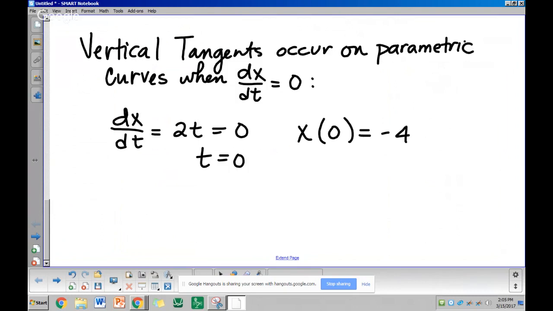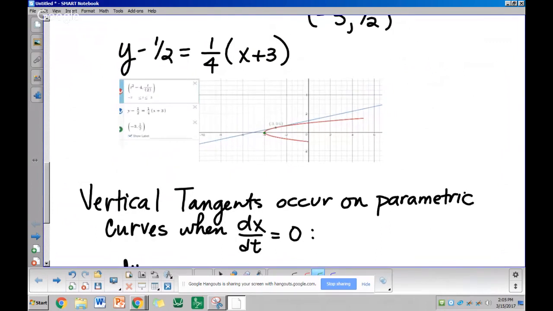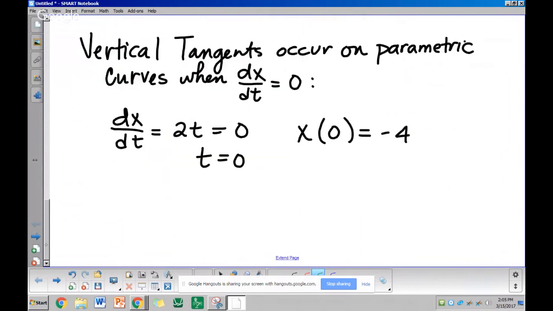All right, and if you go to our graph up above, you're going to see at -4, there is our vertical tangent. Where would we find horizontal tangents? When dy/dt equals 0.